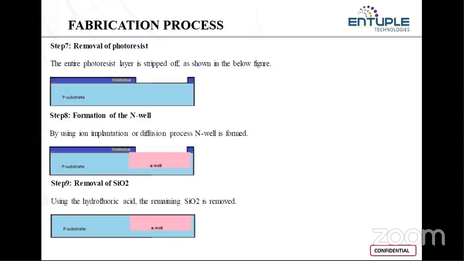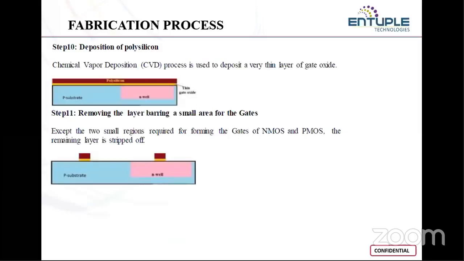Once you have diffused the n-type material, now you form a polysilicon over the p substrate. So why do we have a polysilicon? Wherever we require the gate terminal to be formed, we induce the polysilicon material.